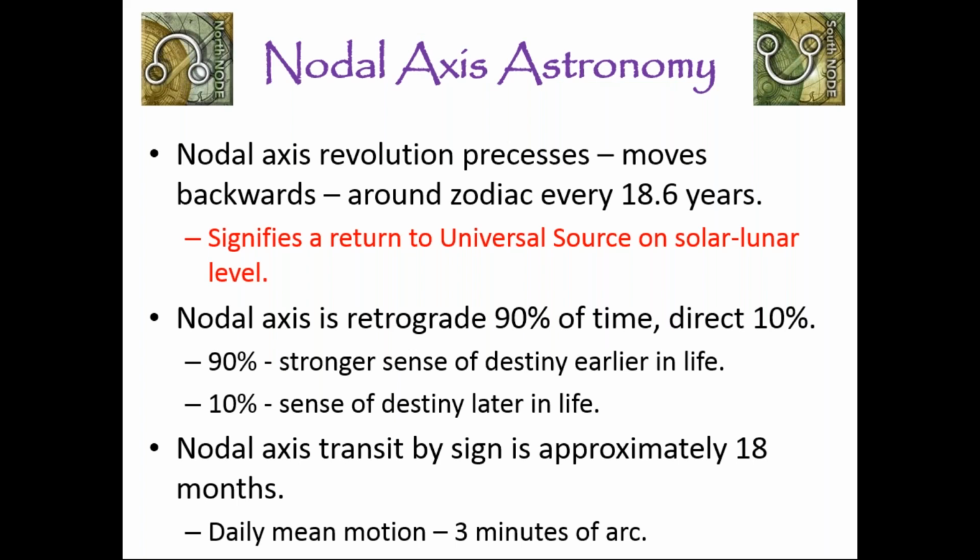Those of you born with your nodes retrograde, you can get a stronger sense of your destiny earlier in life. If you are one of the 10% born with the nodes direct, that sense of destiny comes later in life. I was one of the 10%, and that has definitely been the case for me.